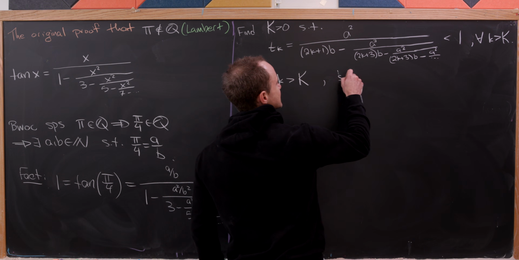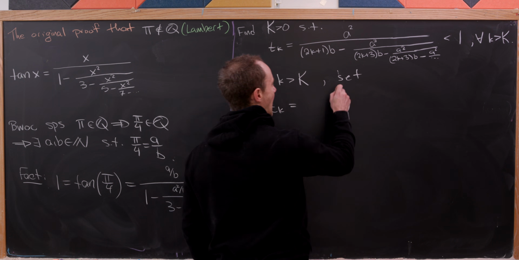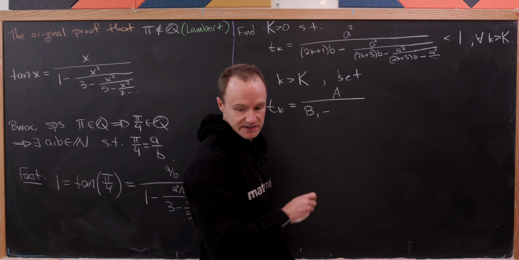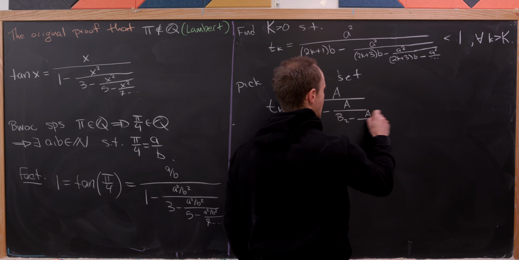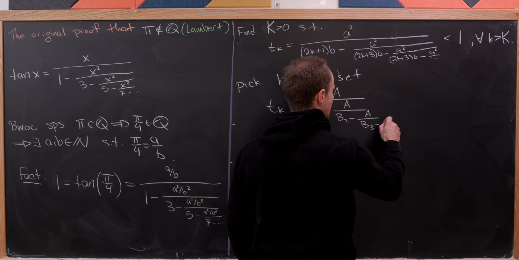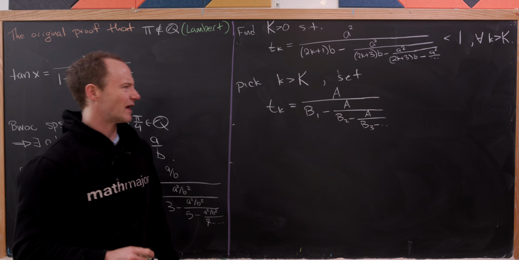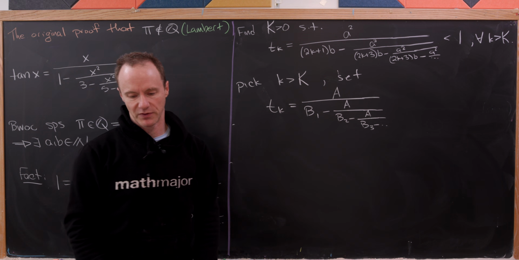So let's set tk equal to a over b1 minus a over b2 minus a over b3 minus so on and so forth. You can see that my capital A is just a squared, but then my b's gobble up the rest of this.